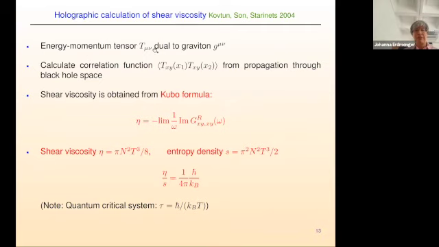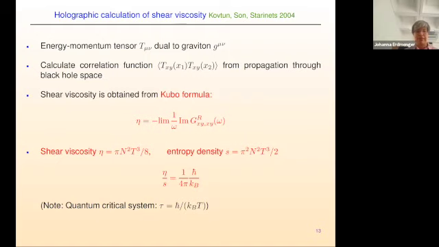The energy momentum tensor is dual to the graviton. So we have to use the so-called Kubo formula, which is related to the retarded Green's functions. And so we calculate the correlation function of this energy momentum tensor from propagation through the black hole space. And as I mentioned also briefly at the end last time, a finite temperature in AdS/CFT is introduced by putting a black hole into the anti-de Sitter space.